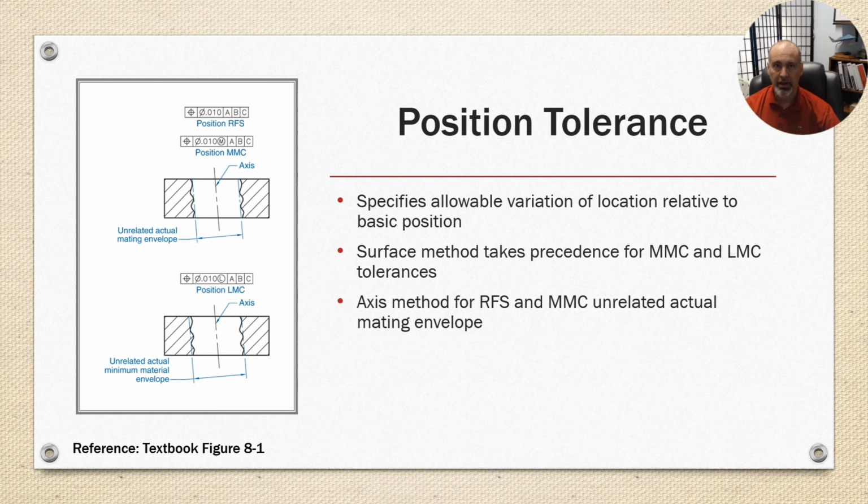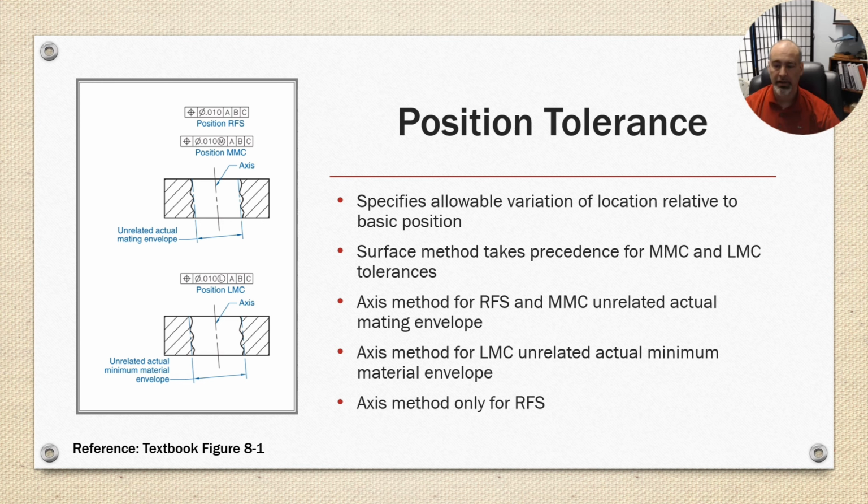The second method of calculating is the axis method, which is for regardless of feature size and MMC, unrelated actual mating envelope, which is an acronym AME. The axis method is also used for LMC, unrelated actual minimum material envelope, and for regardless of feature size.